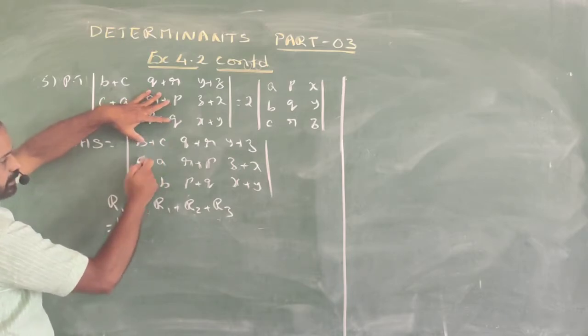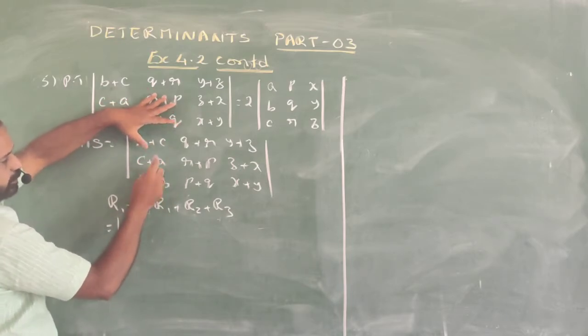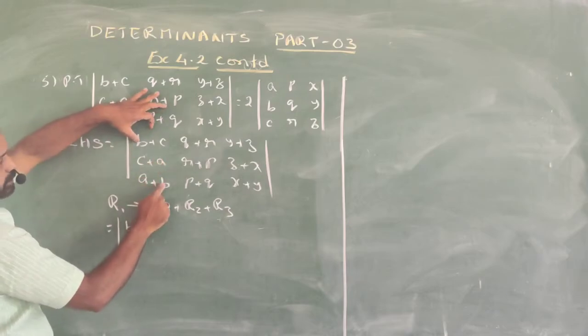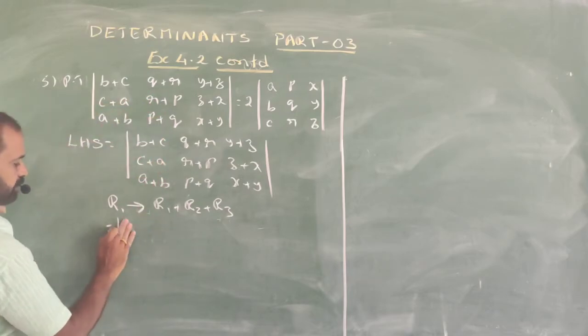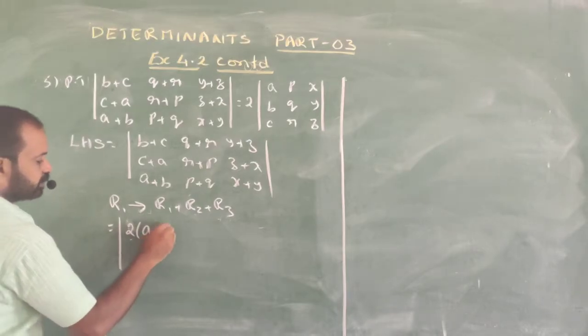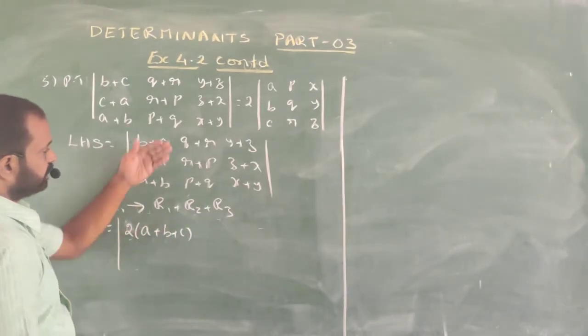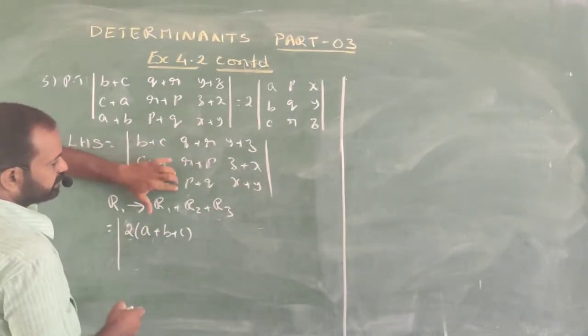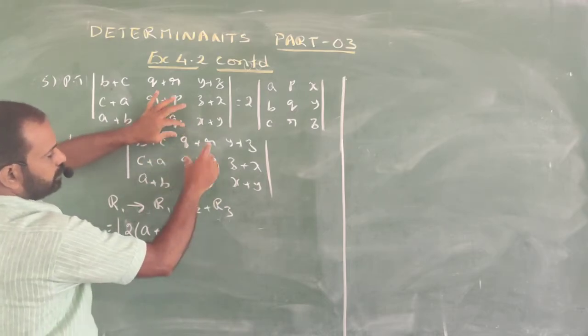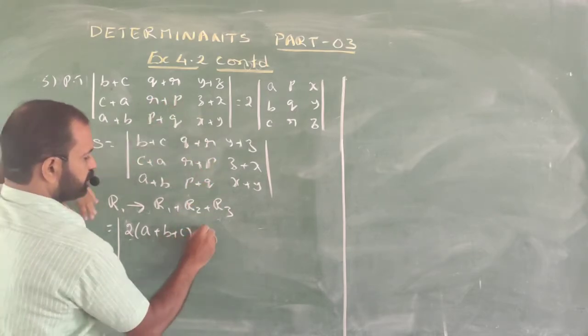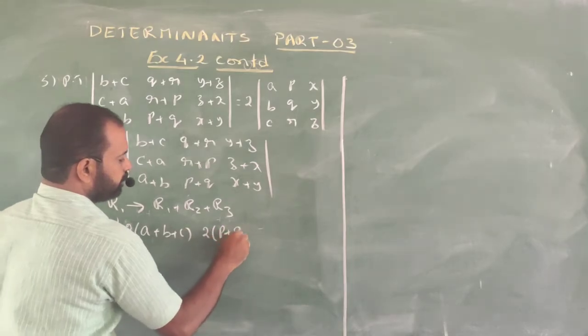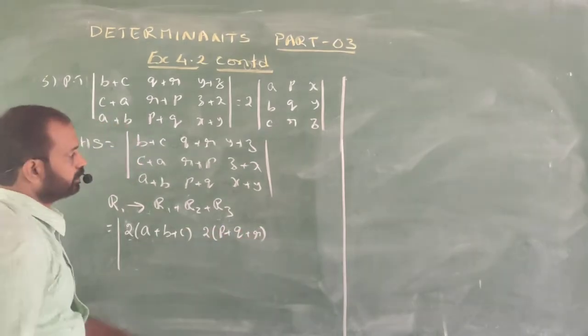Adding b plus c, c plus a, a plus b, that means 2a plus 2b plus 2c. So I am writing directly here twice of a plus b plus c. In the same way, when you add up all these three, this is 2p plus 2q plus 2r, that is 2 into p plus q plus r.